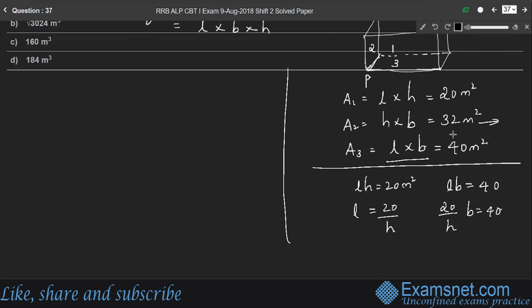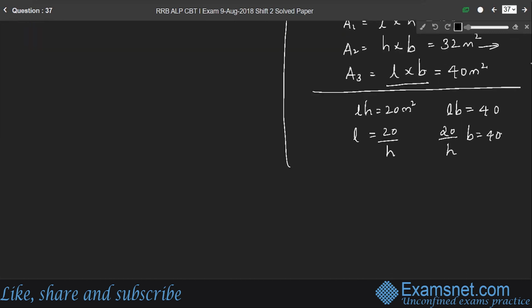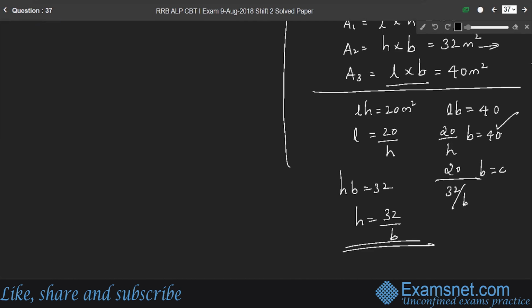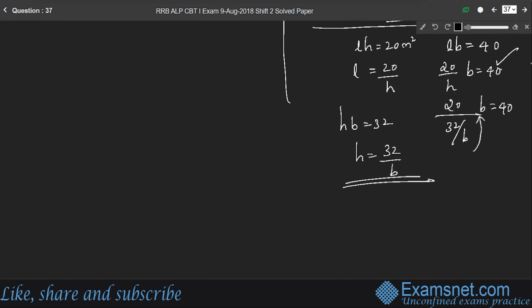Since H into B is 32, H can be written as 32 by B. So 20 by H becomes 20 by (32 by B), into B, is 40. The B in the denominator goes to the numerator. Therefore, it becomes 20 B square by 32 is equal to 40.